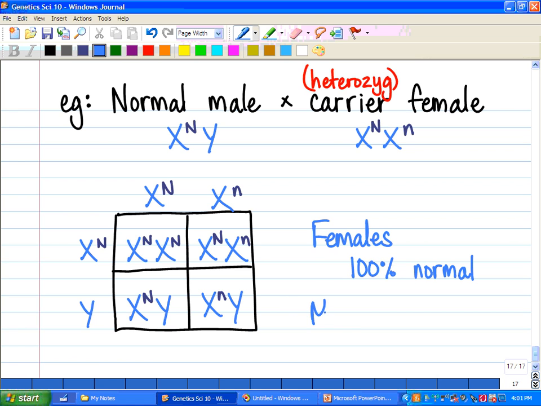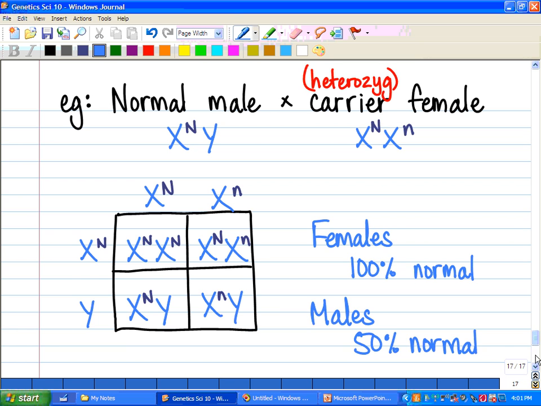But if you look at the males in their offspring, we have this male here, X with a capital N, that means normal, and then Y doesn't get the allele for colorblindness. So that individual is normal. So there's a 50% chance of having a son with normal vision.